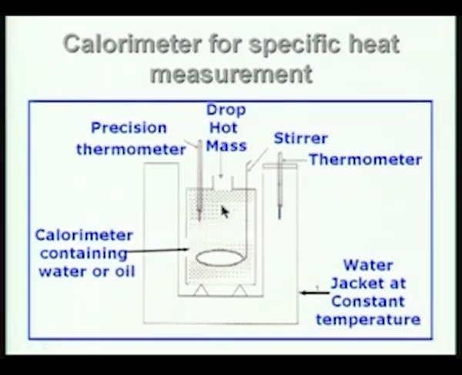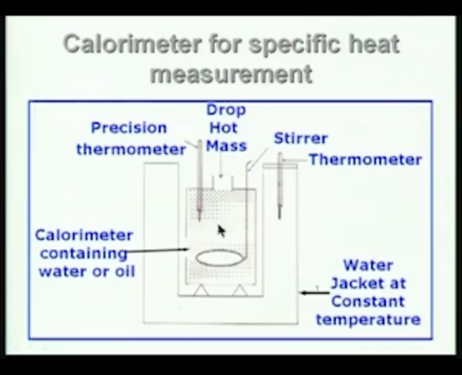Immediately after dropping, you start noting down the temperature as a function of time. So, from the time-temperature graph, we will be able to estimate the specific heat of the material which has been heated separately and then dropped.